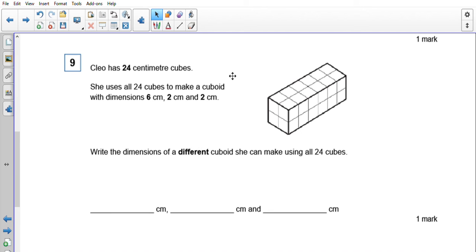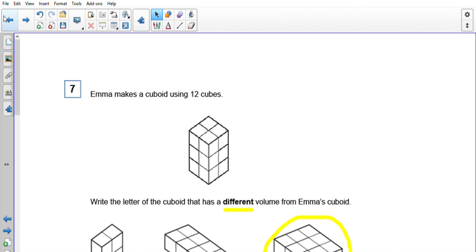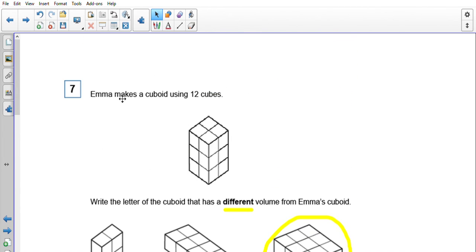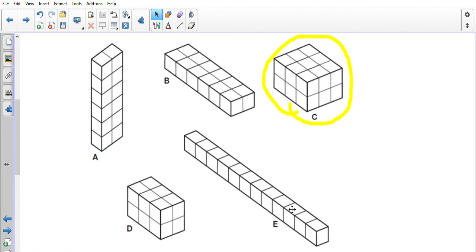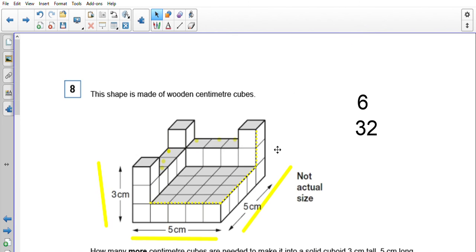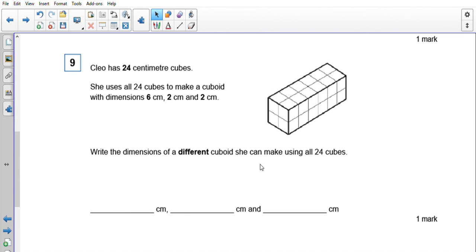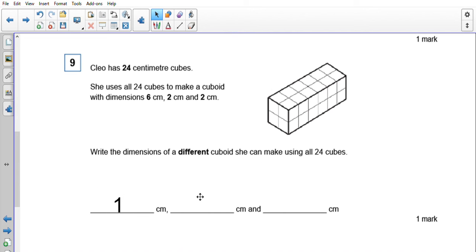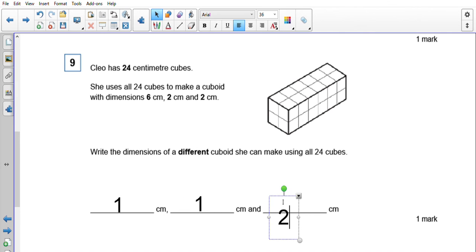The most straightforward one is going to be a little bit like this one here for E. When we looked at Emma's cuboid, she used 12 cubes. She did a 1 by 1 by 12, straightforward. So here you could just have 1 centimetre by 1 centimetre by 24 centimetres.